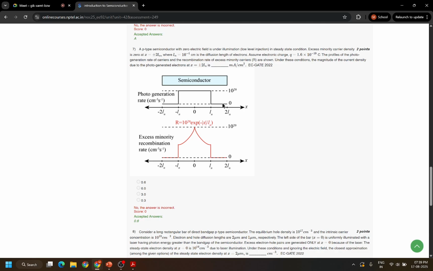Assuming electron charge q equals 1.6 10 power minus 19 coulomb, the profiles of the photo generation rate of carriers and the recombination rate of excess minority carriers are shown. Under these conditions, the magnitude of current density due to photo-generated electrons at plus minus 2 Ln is dash mA per centimeter square.